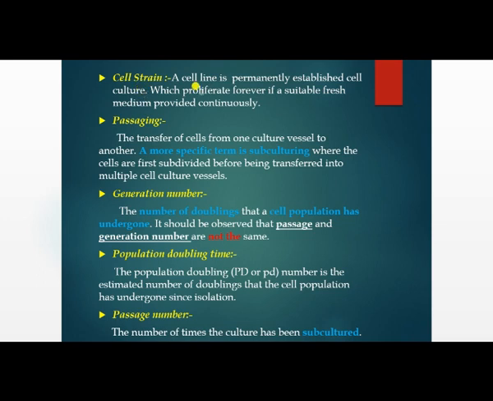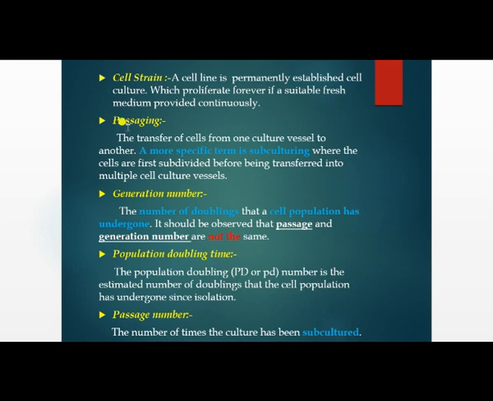It means that established cell culture has the ability to proliferate forever. When you provide fresh media for the growth of these cell cultures, they have the ability to proliferate again and again continuously. This is the example of your continuous cell culture.